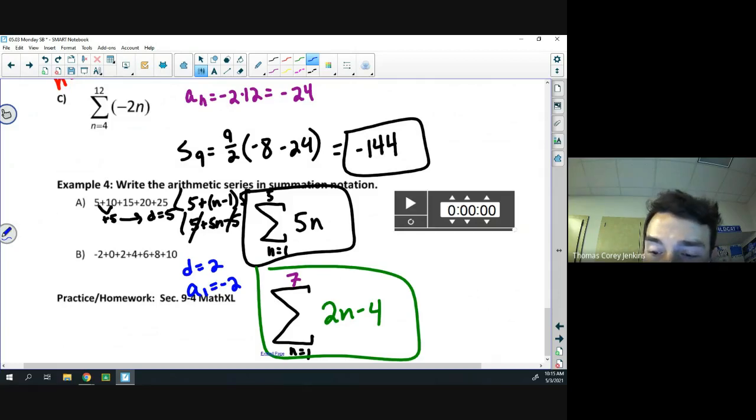We go a sub 1, which is not negative 21, negative 2, plus the quantity n minus 1 times d, and then we just distribute and combine like terms. Okay, so negative 2 plus 2n minus 2. And then you have 2n, and then negative 2 and negative 2 make negative 4.